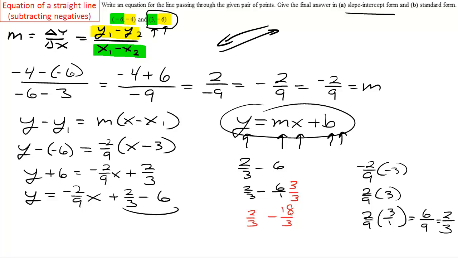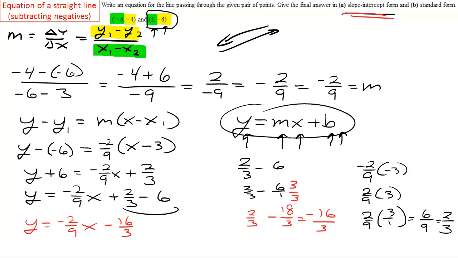And now 2/3 minus 18/3 is just 2 minus 18, which is negative 16/3. Check to see if that reduces. It doesn't. And so our final answer is y equals negative 2 ninths x minus 16/3. That is slope-intercept form.